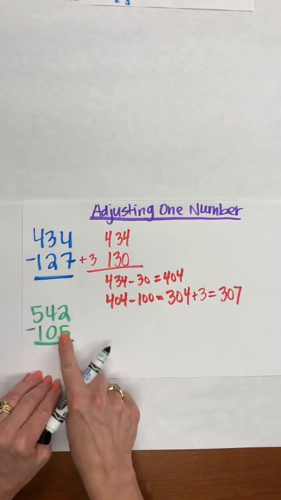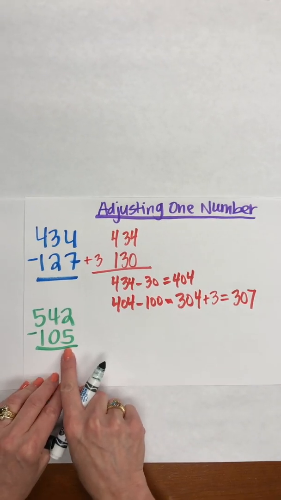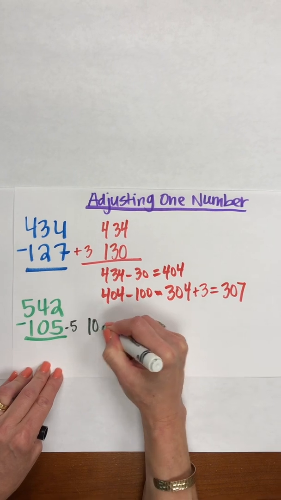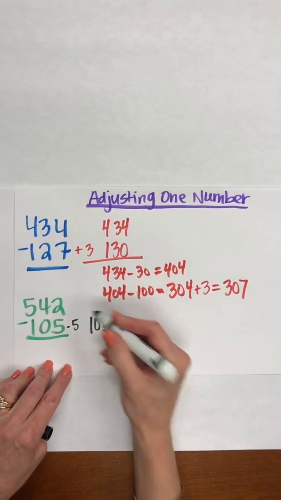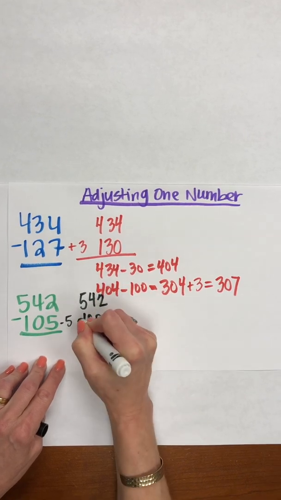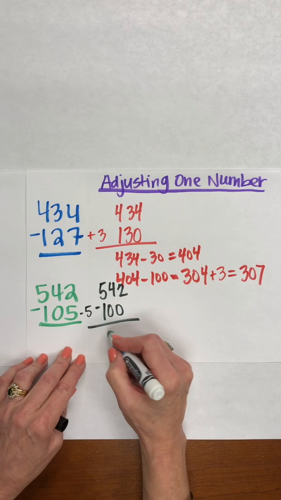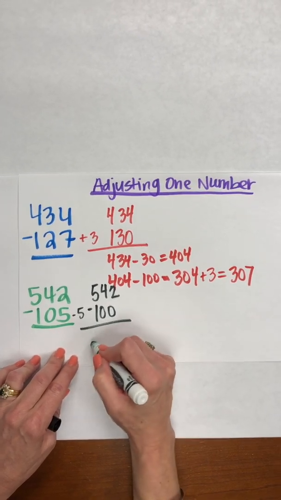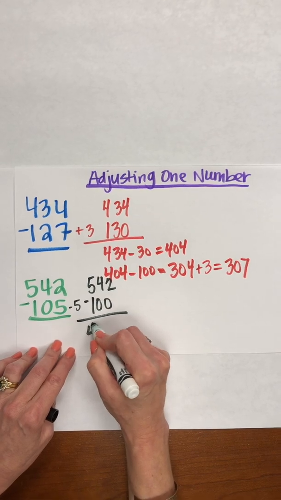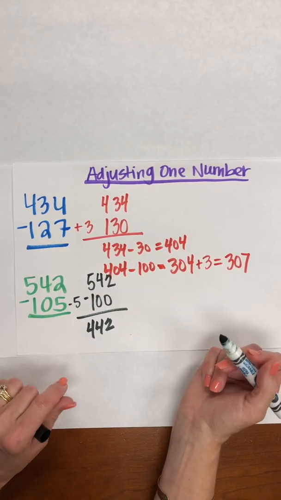So if I think about it, so I don't have to regroup, I'm going to make my 105 a friendly number by subtracting 5, and that's going to make that number 100. So if I have my 542 minus my 100, again, second graders were very comfortable and confident doing this math. If I'm subtracting that 100 from 500, that leaves me 442.